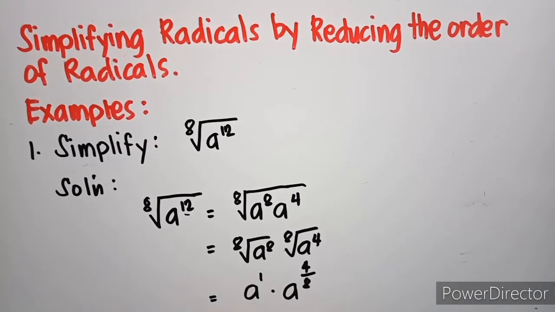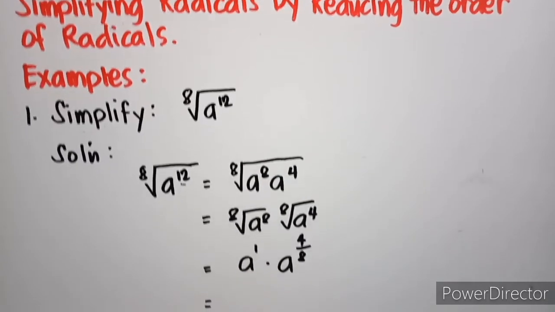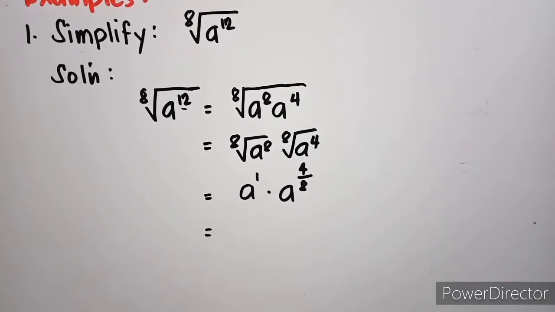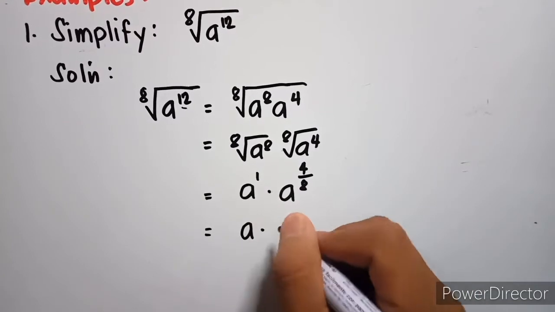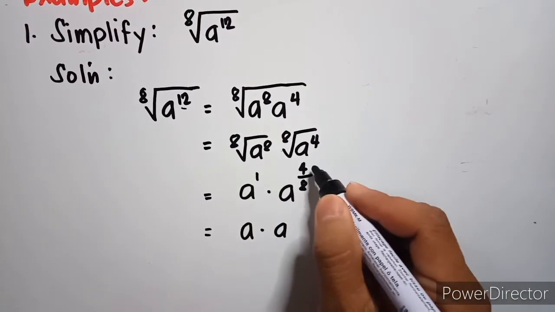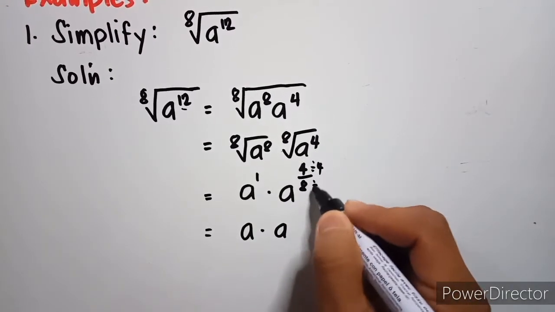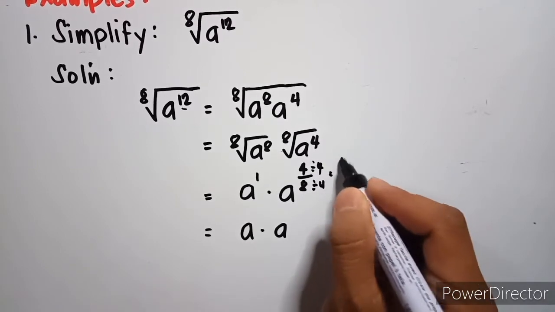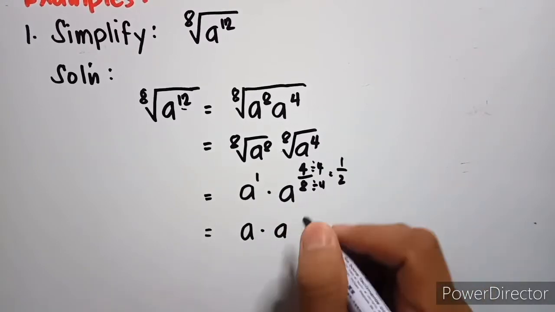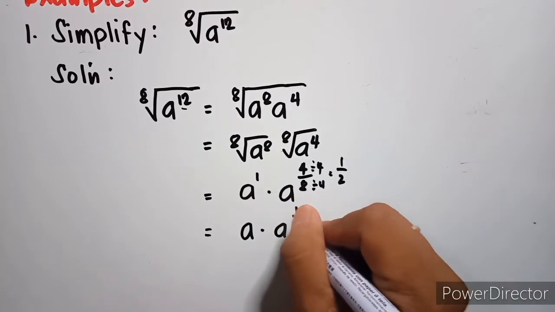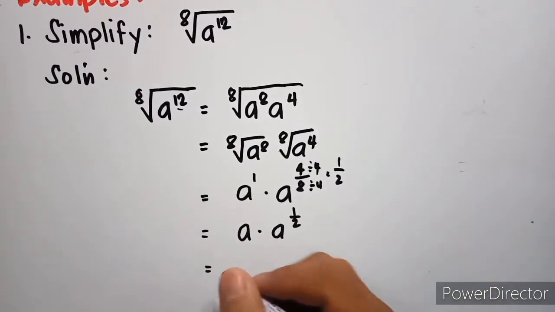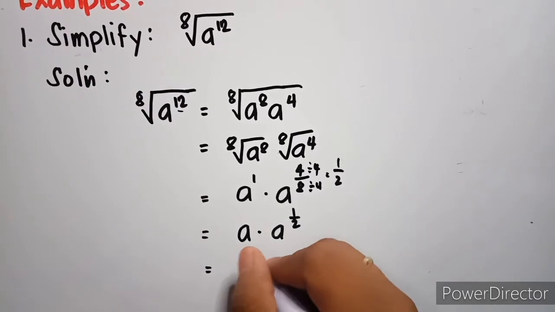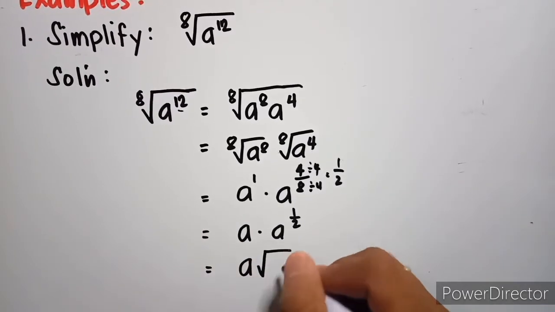Then, reducing 4 over 8, so divide this by 4, divide this by 4, so that will become 1/2. So we have a raised to 1/2. Okay. Then we will have this one as a square root of a.